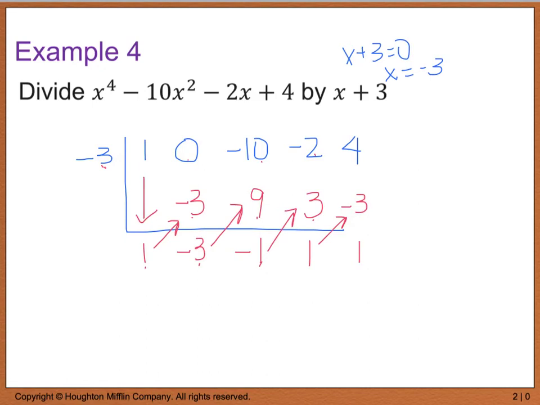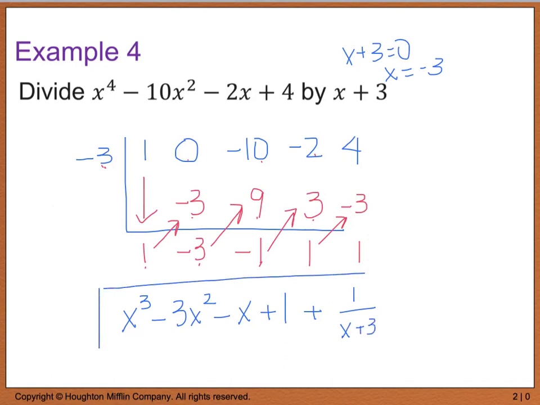So your final answer would be x cubed minus 3x squared minus x plus 1 plus 1 divided by the quantity of x plus 3. And this is how you do synthetic division.